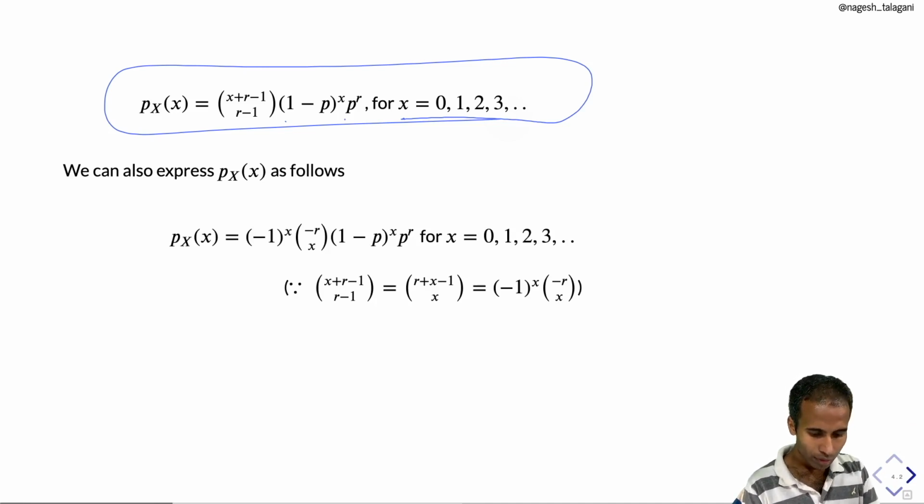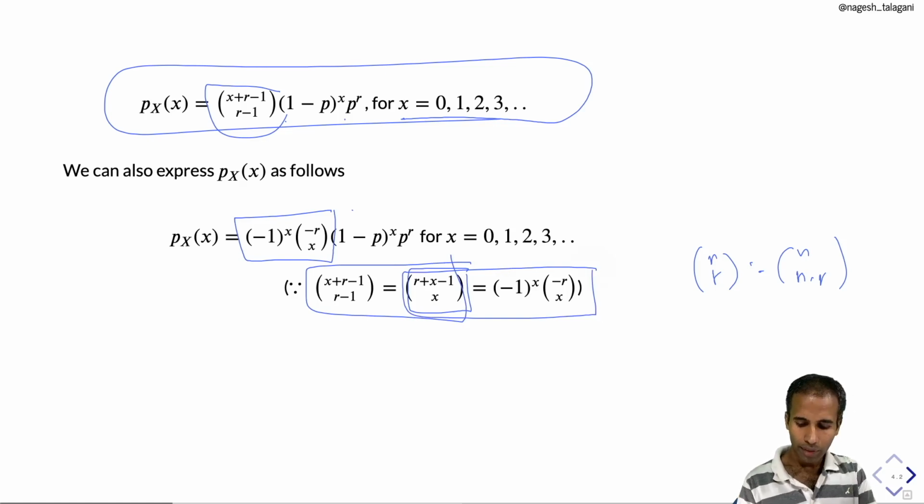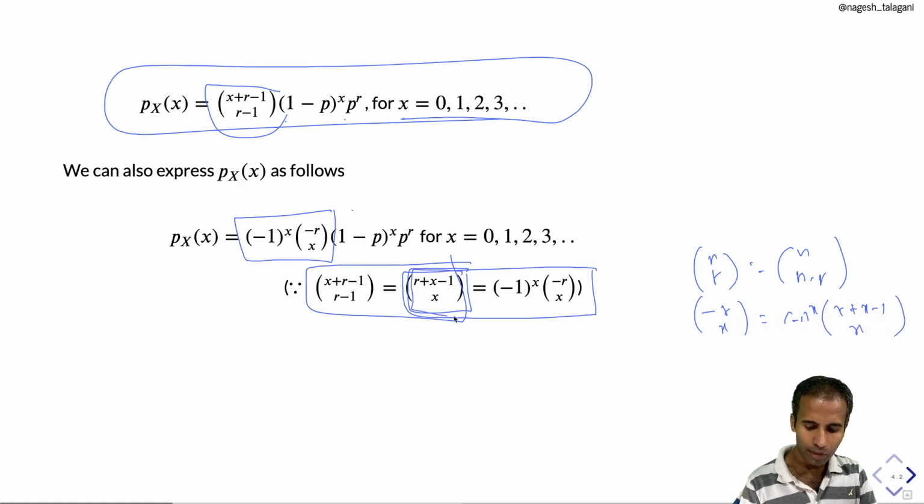We can replace this with (minus 1) to the power of X times (minus R) choose X. First of all, (X plus R minus 1) choose (R minus 1) we can write as (X plus R minus 1) choose X, because we know that n choose r is the same as n choose n minus r, right? For that reason we can write this. Then we have the relation that (minus R) choose X equals (minus 1) to the power of X times (R plus X minus 1) choose X. That's why this can be replaced with (minus 1) to the power of X times (minus R) choose X.